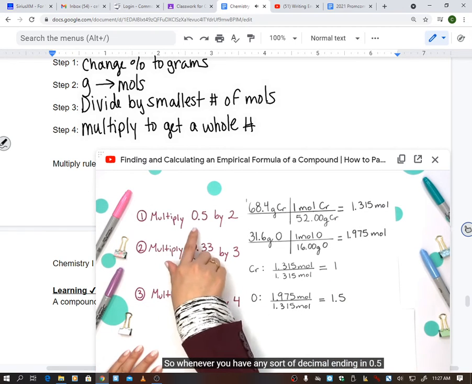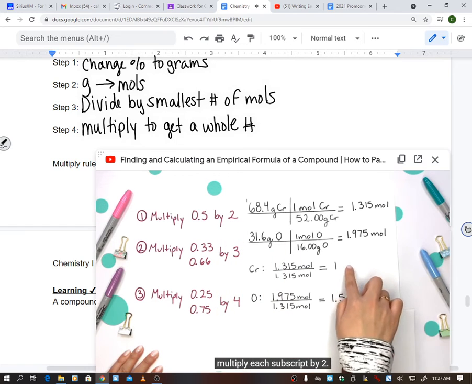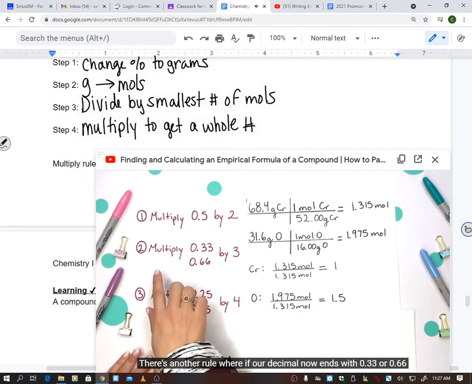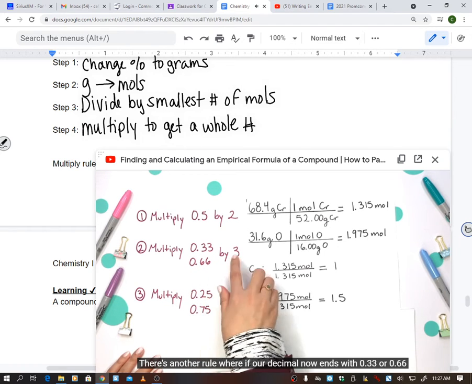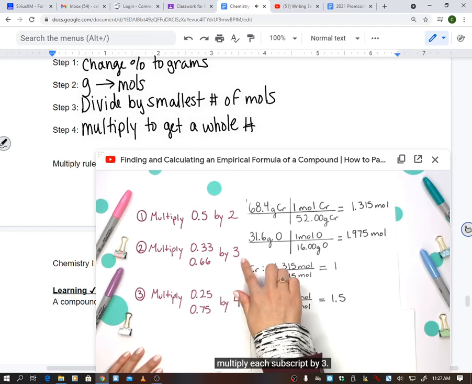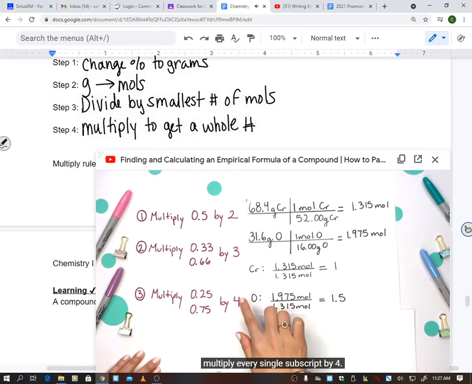So whenever you have any sort of decimal ending in 0.5, multiply each subscript by 2. There's another rule where if our decimal ends with 0.33 or 0.66, multiply each subscript by 3. If we then have decimals that end in 0.25 or 0.75, multiply every single subscript by 4.